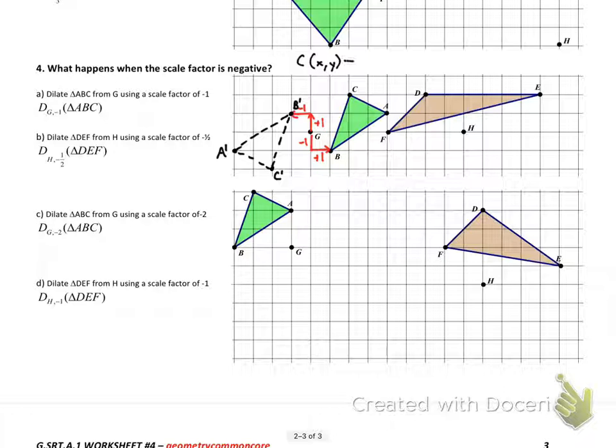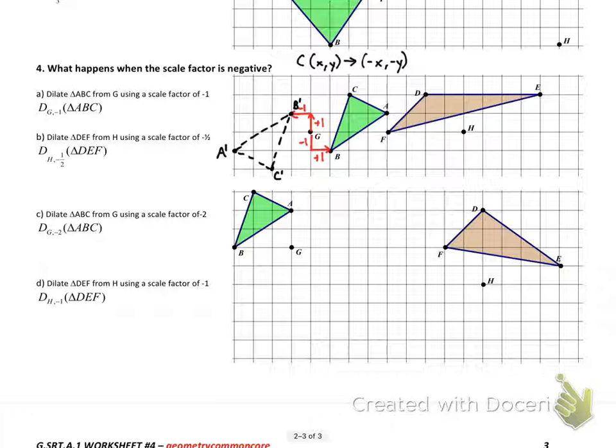X, y will become negative x, negative y. So all we did to get our 180 degree rotation was multiply each coordinate by -1. And that's what we're doing here. So it makes sense that a -1 dilation would be the same as a 180 degree rotation. Now, this only looks exactly the same as a 180 degree rotation when we've got a -1 scale factor.